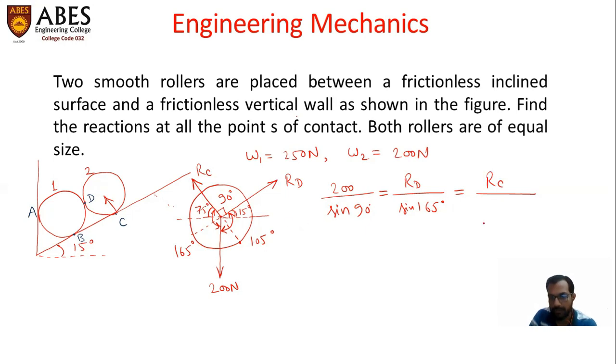It is 105 degrees, sine of 105 degrees. So this is the expression which is known as Lami's theorem. Sine 90 is 1. So we can write directly RD is equal to 200 sine 165 degrees.